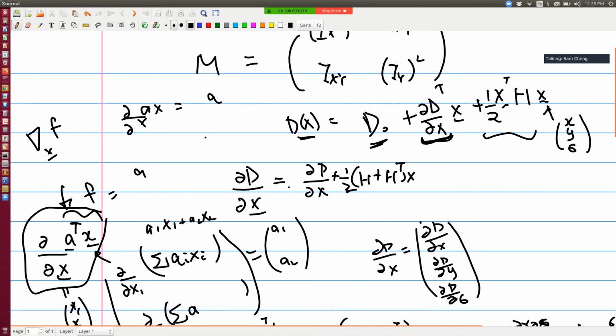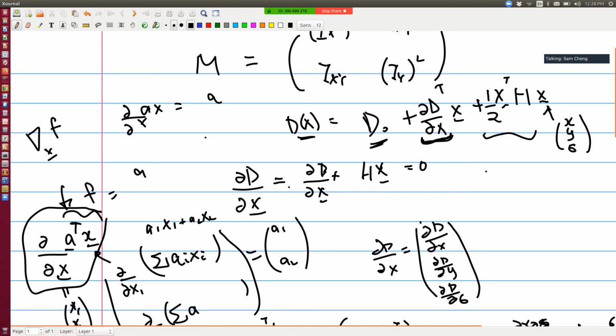H is Hermitian, is symmetric. So therefore it's just 2H, so I have this just equal to Hx here.